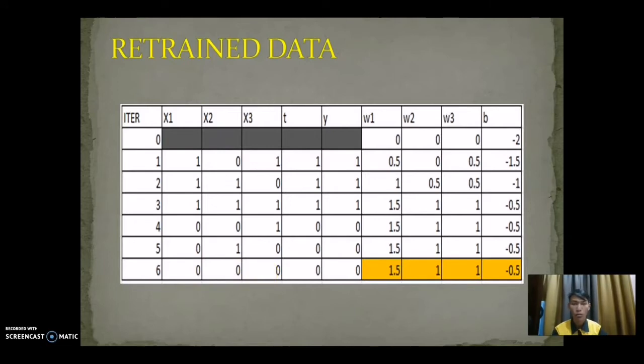It is also not the same as the previous table.